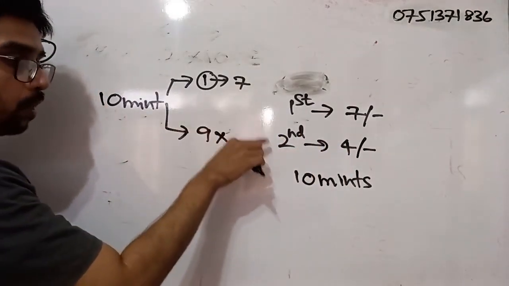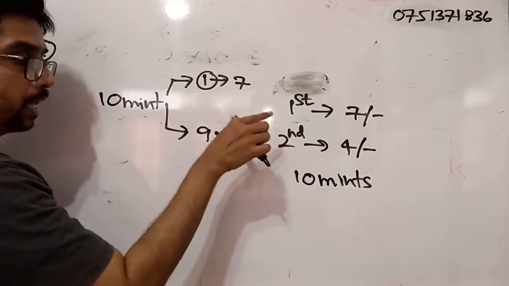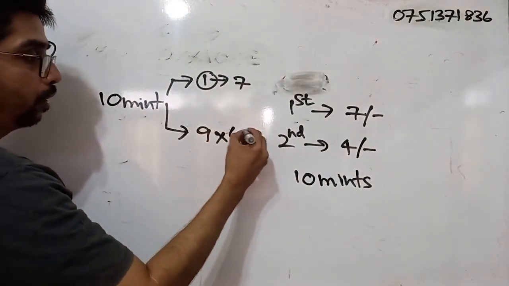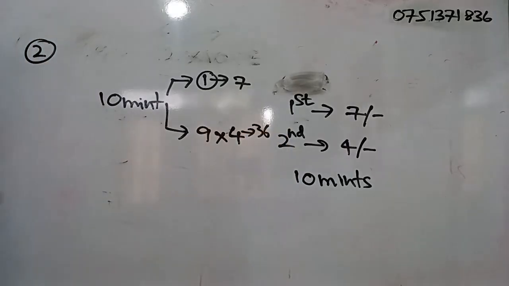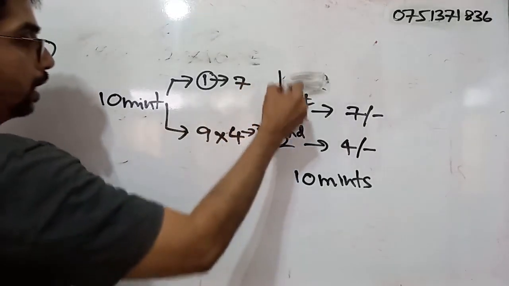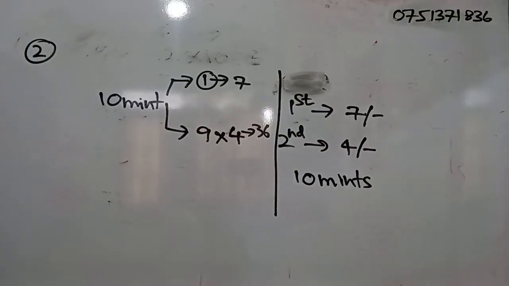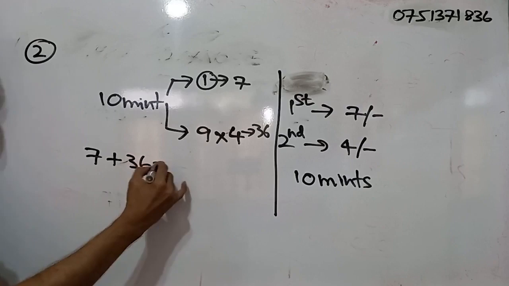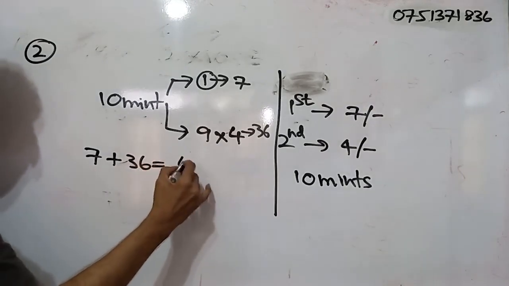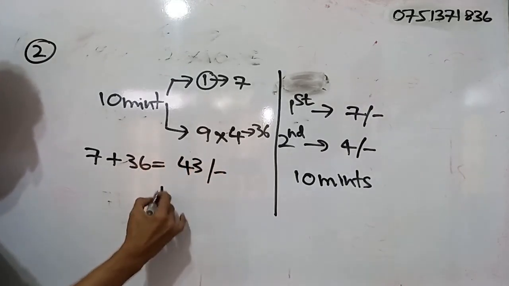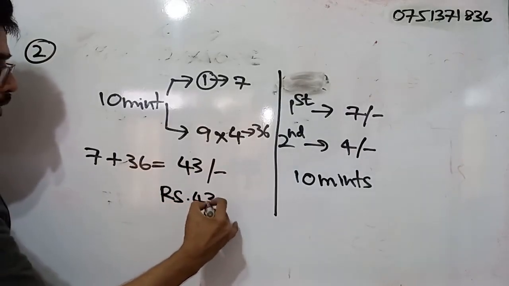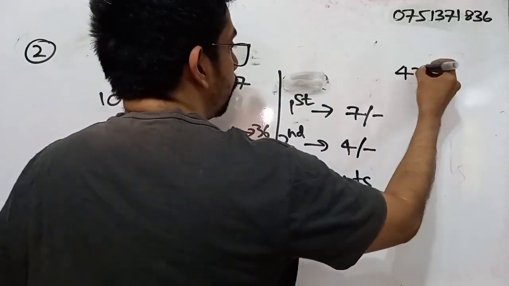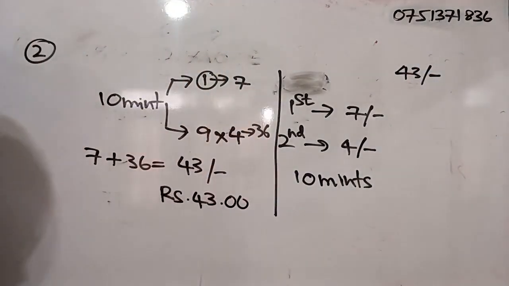So here I am talking about after the first minute. එහෙනම් 9 into 4 කොච්චරක් තියෙනවද? 36. එහෙනම් දැන් මෙතන කොච්චරක් තියෙනවද? 7 plus 36. So we get what? 43 rupees. So the total amount is what? 43 rupees. හරි එහෙනම් අපිට උත්තරේ විදිහට එන්න ඕන 43 rupees.